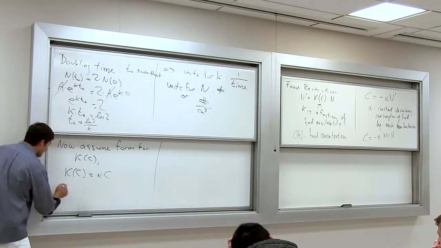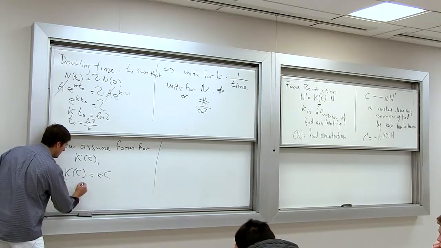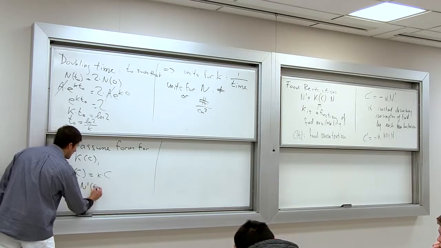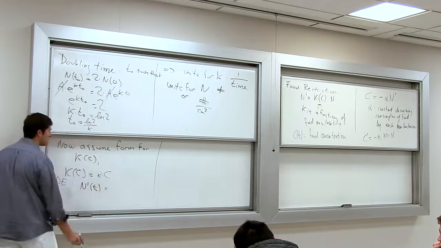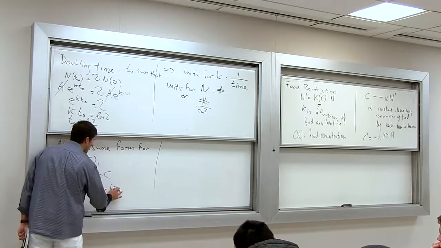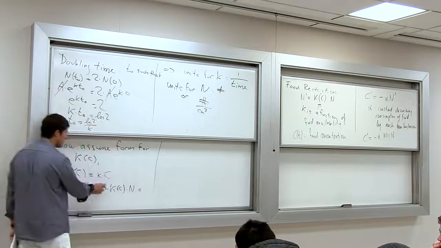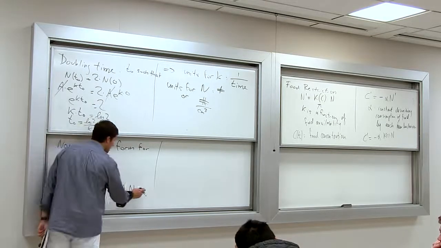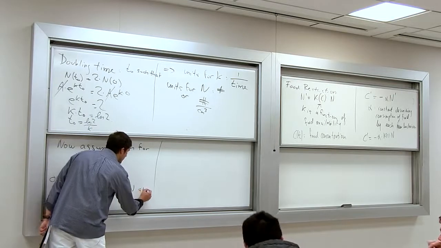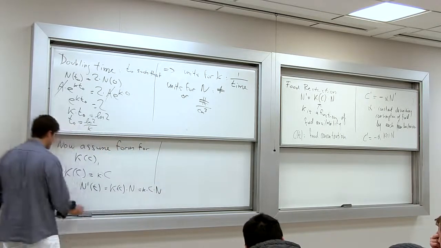So, all right. Now the ODE looks like this. N prime of T is equal to K of C times N. And if you remember, now we're using this formula that it is little k times C, this kappa times C times N. Okay?